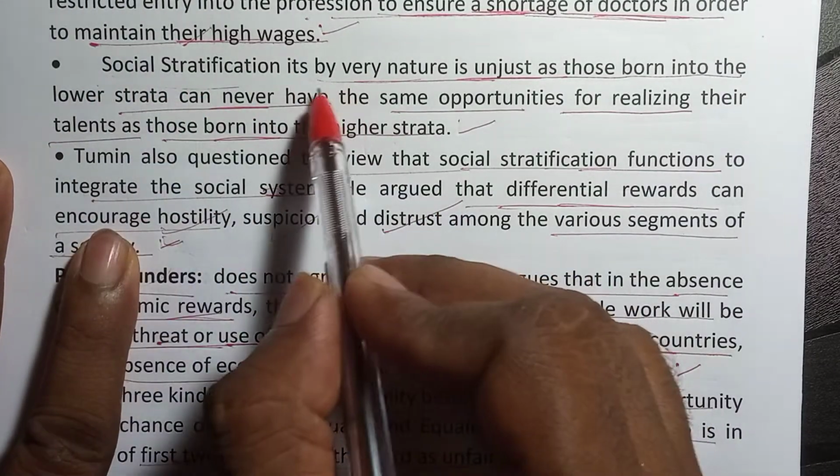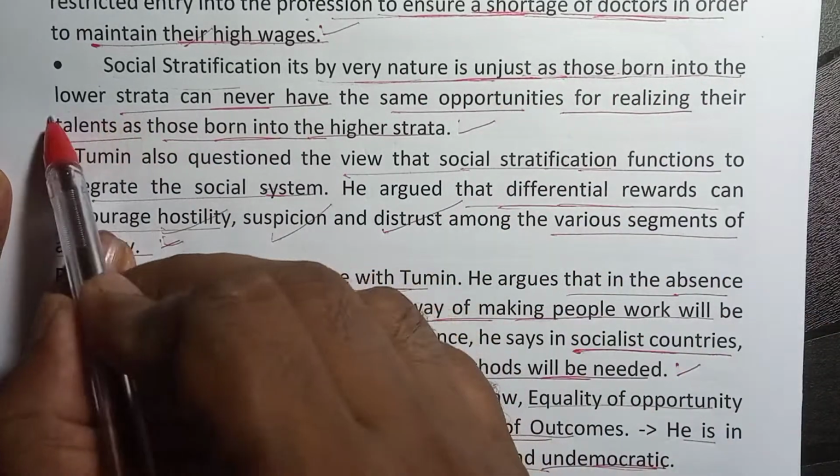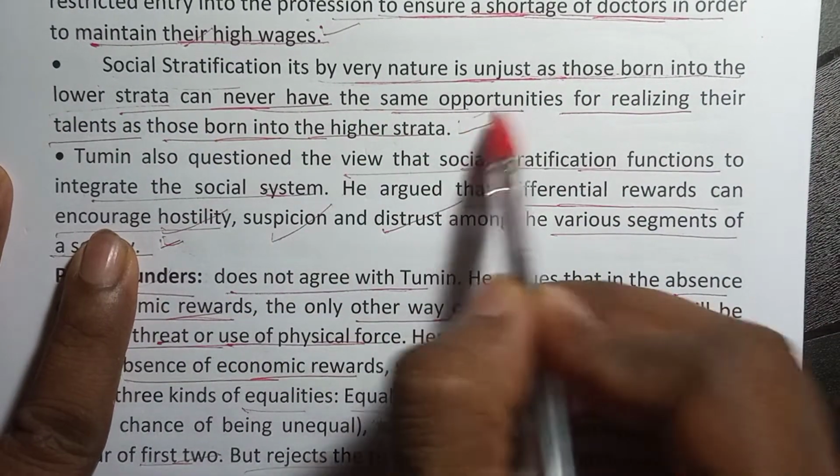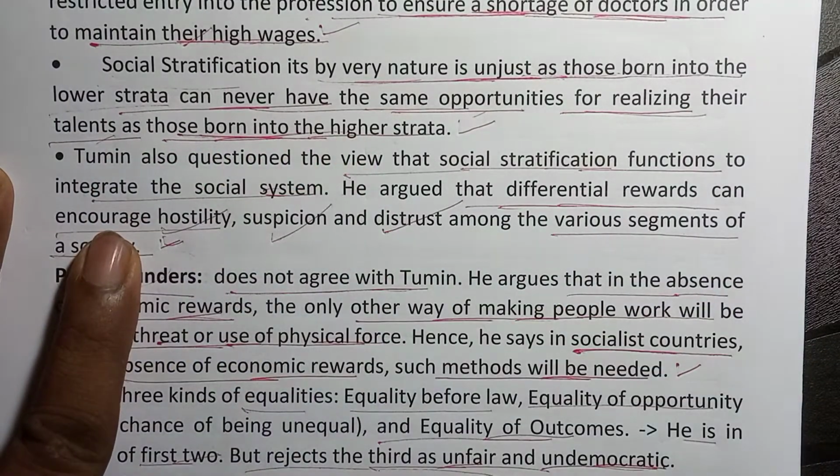Social stratification, by its very nature, is unjust, as those born into the lower strata can never have the same opportunity for realizing their talent as compared to those born into the higher strata.